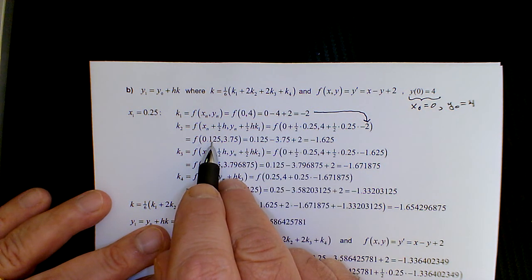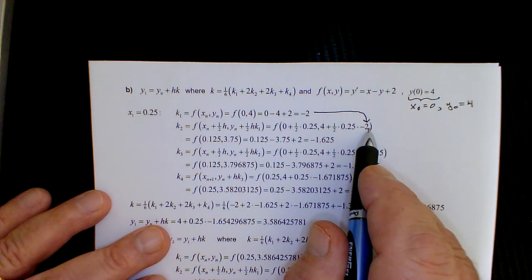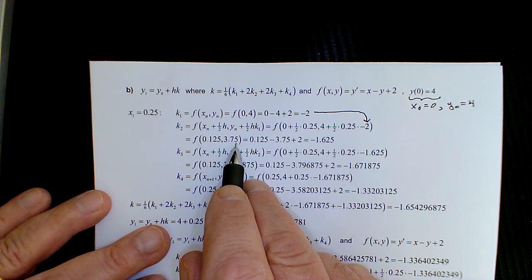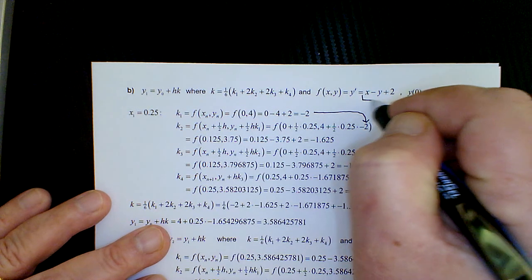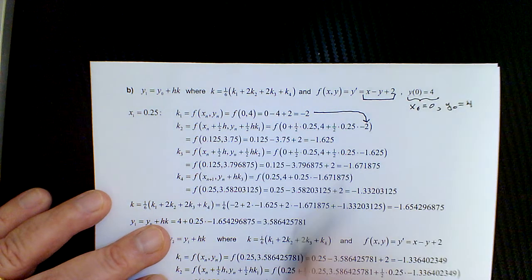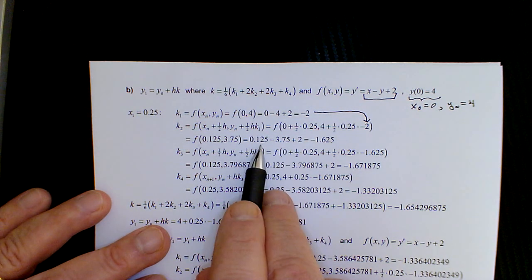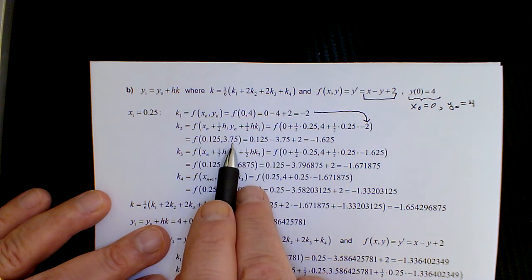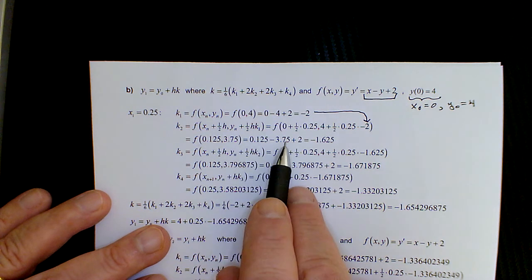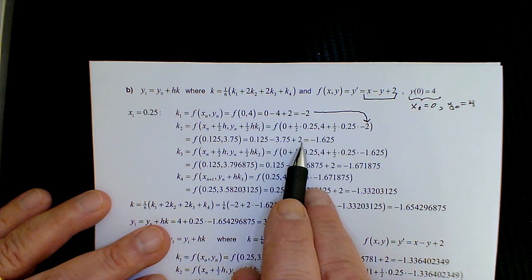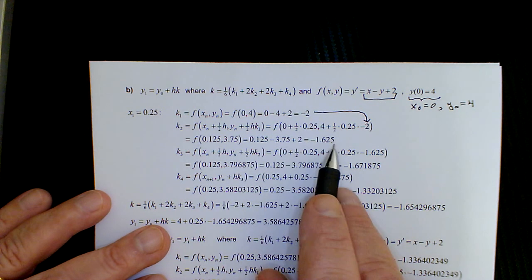Crunching this little portion down for the y value, we get 3.75. And then we're going back to our main formula, x minus y plus 2. So for 0.125, 3.75, x 0.125, y minus y 3.75, and then plus the 2 is part of the formula, and there's the value that we get.